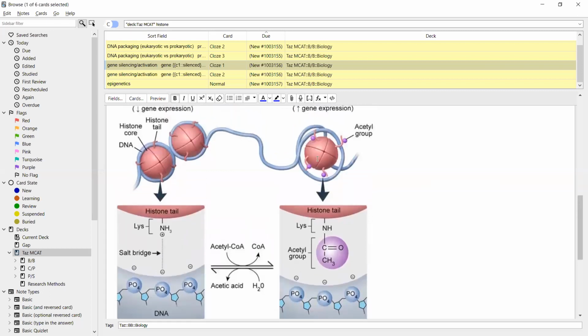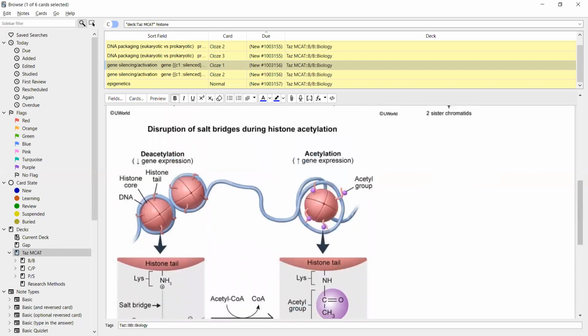Therefore, the histones will be what charge? If the DNA backbone is negative, the histones are positive. Therefore, we get a positive-negative bond, an ionic bond, which is very strong. It allows it to bind tightly.